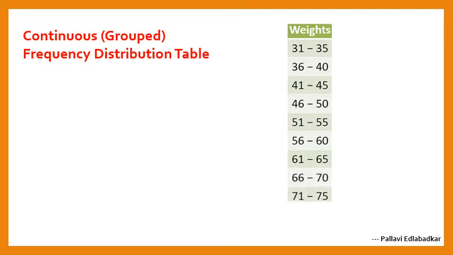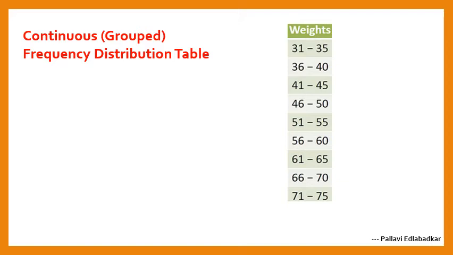Now observe the upper limit of the previous class and the lower limit of the next class in each case. For this, you may look at 31 to 35 and 36 to 40, or 56 to 60 and 61 to 65. Any two pairs of classes you can pick up and observe. This is because we know that the class width is uniform overall. We have already observed this.